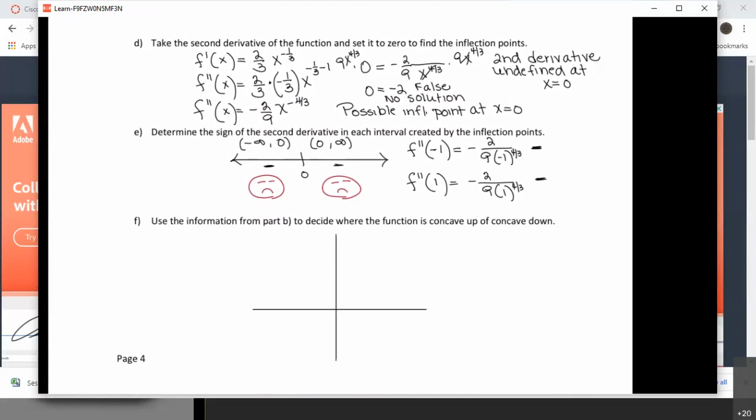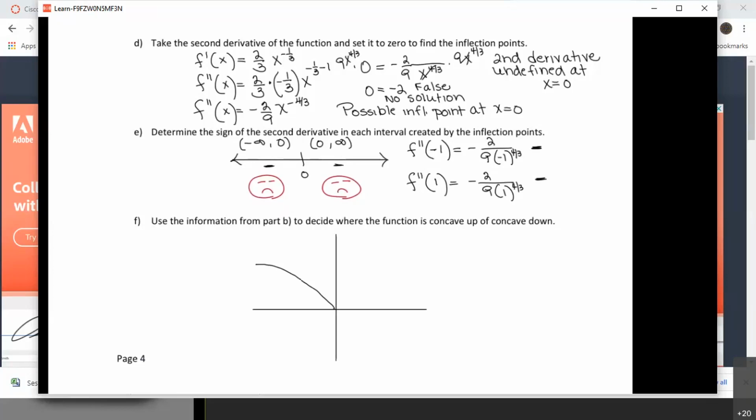The function is decreasing and concave down to the left of the origin. So decreasing means it has to slope from top left to bottom right, and concave down means it would look like that. Everybody all right with that being decreasing and concave down?